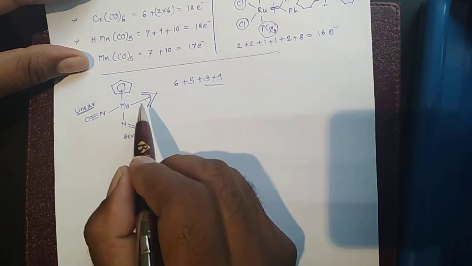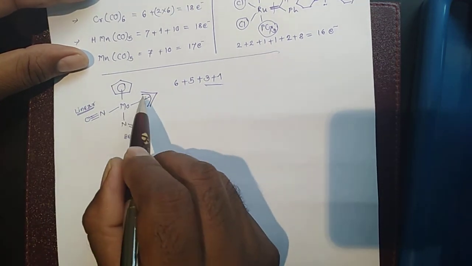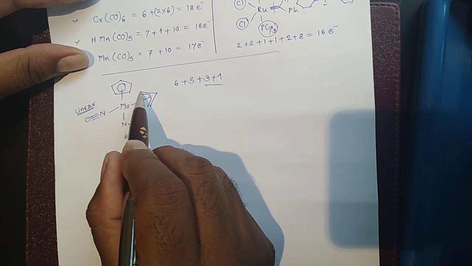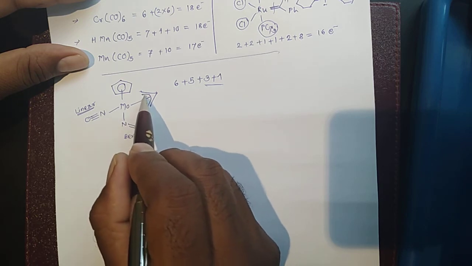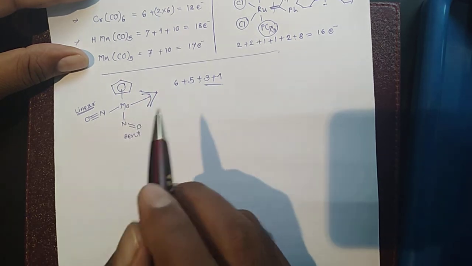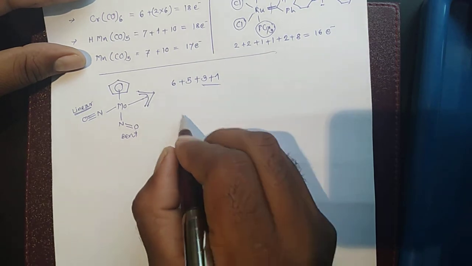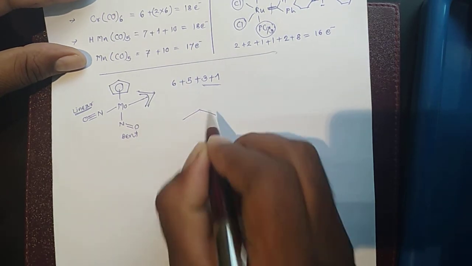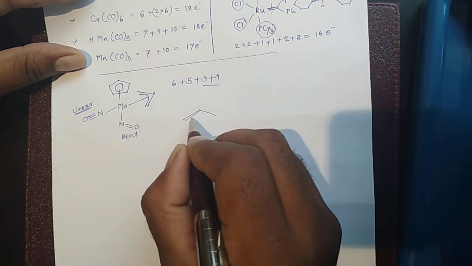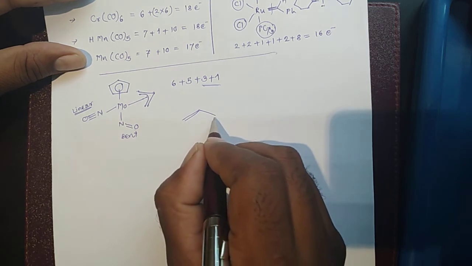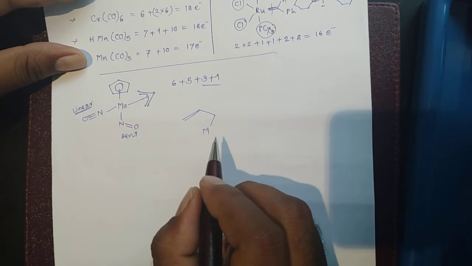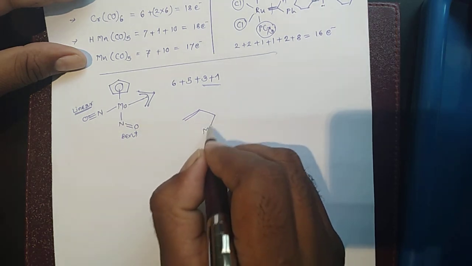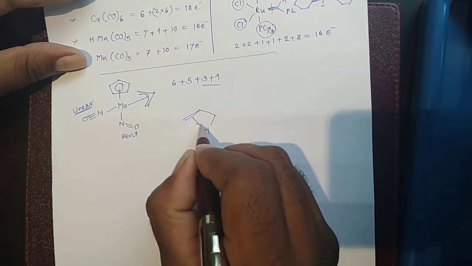This last ligand has 3 carbons, 1, 2, 3, and there is a half circle. What does it mean? See here, 3 carbons, suppose this has a double bond and this is directly attached to the metal. Many times we do it like this.